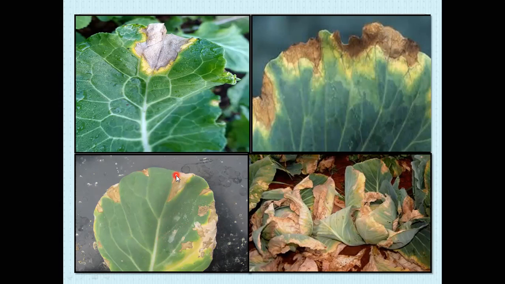Okay, this infection, or rapid drying of cells from the leaf margin inward, has a typical shape, that is a V shape. You can see these V-shaped necrotic lesions starting from the leaf margin and moving inward.